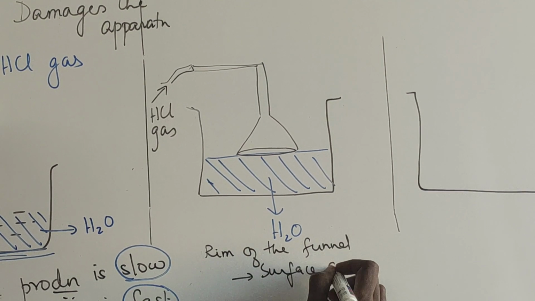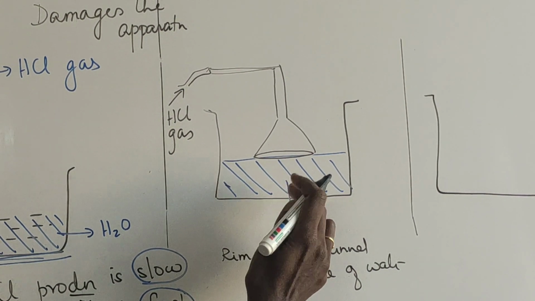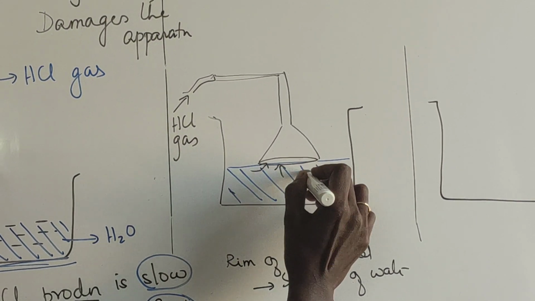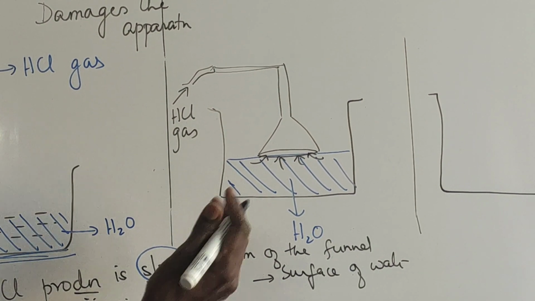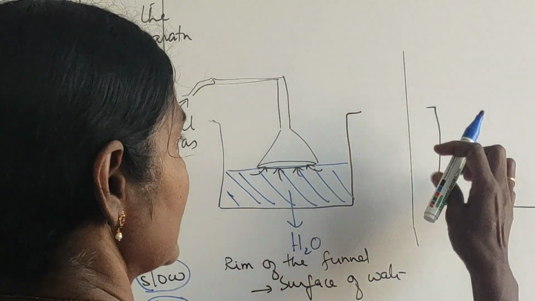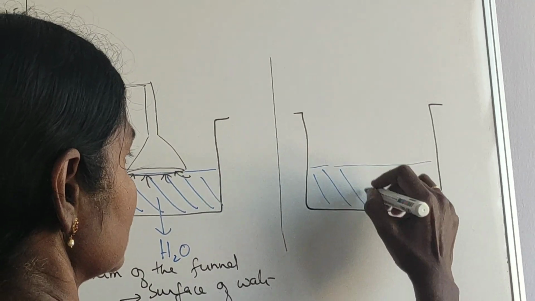The moment it touches the surface of the water, there is a huge rush of water into the funnel. As the water goes up, there will be a decrease in the level of water here.